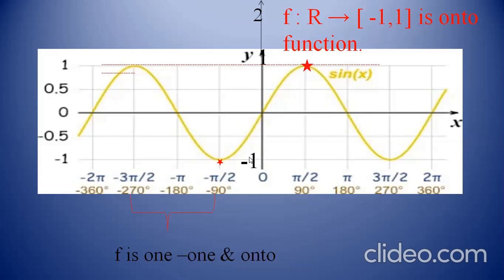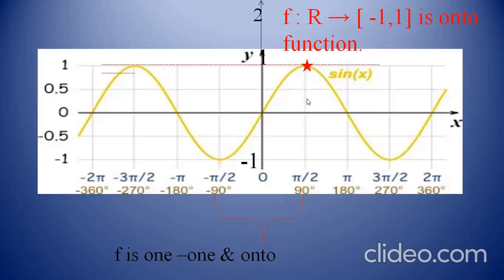So that's why we can say that sin x becomes the 1-1 function under this domain from minus pi by 2 to pi by 2. So if the domain is restricted from minus pi by 2 to pi by 2 and the range is already restricted from minus 1 to 1, that's why the function is 1-1 and onto function.